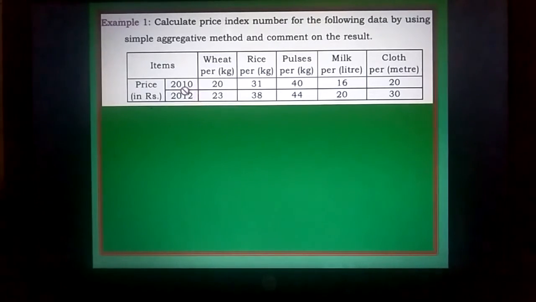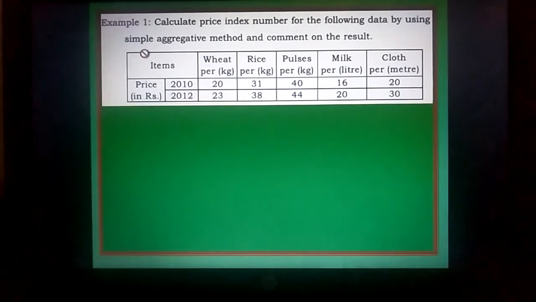In terms of notation, these values, 20, 31, 40, 16 and 20, are nothing but the prices of the base year, that means P naught. And whatever the given prices for 2012 are, those are all P1.